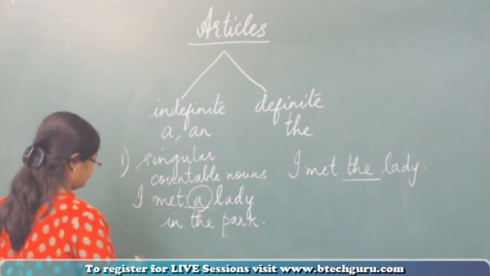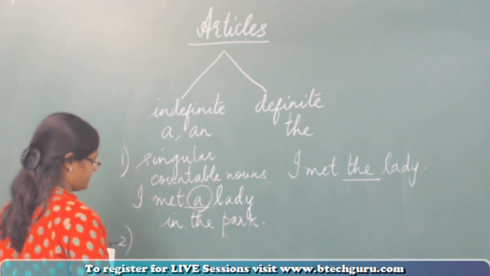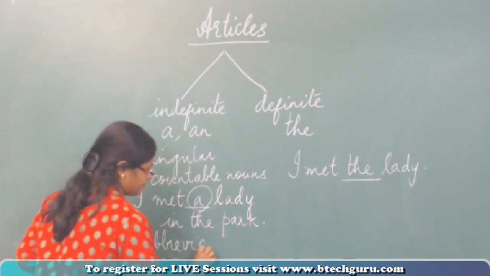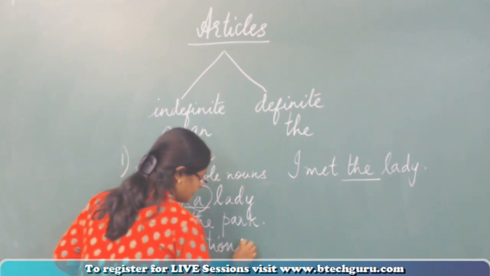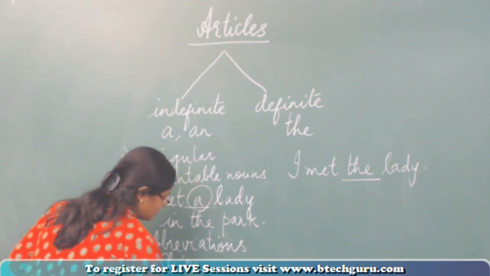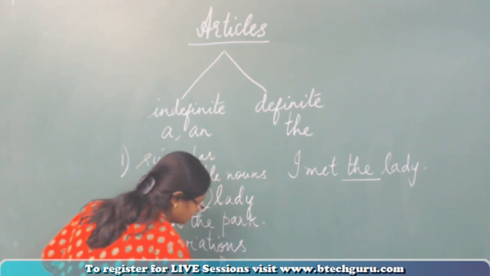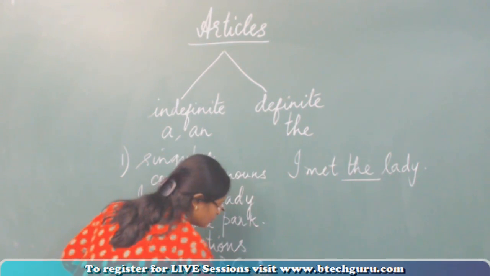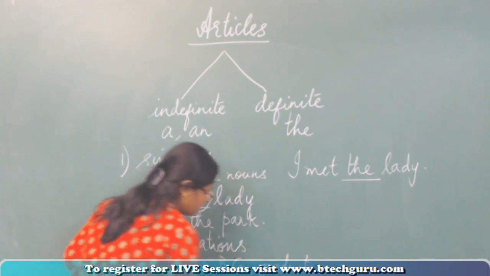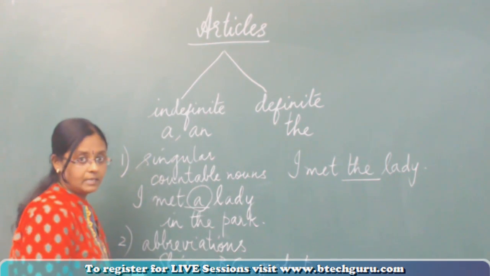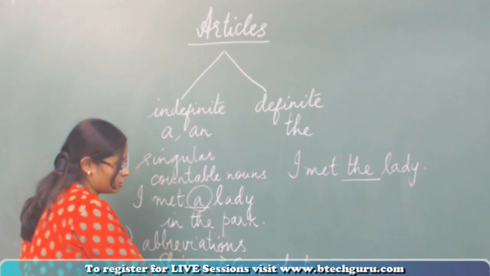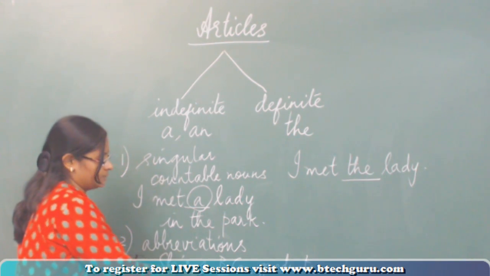Okay. The second is for abbreviations. Say she's a BCom graduate. You see, B, the letter, when you pronounce that, it starts with a B sound, a consonant sound, so we use a.